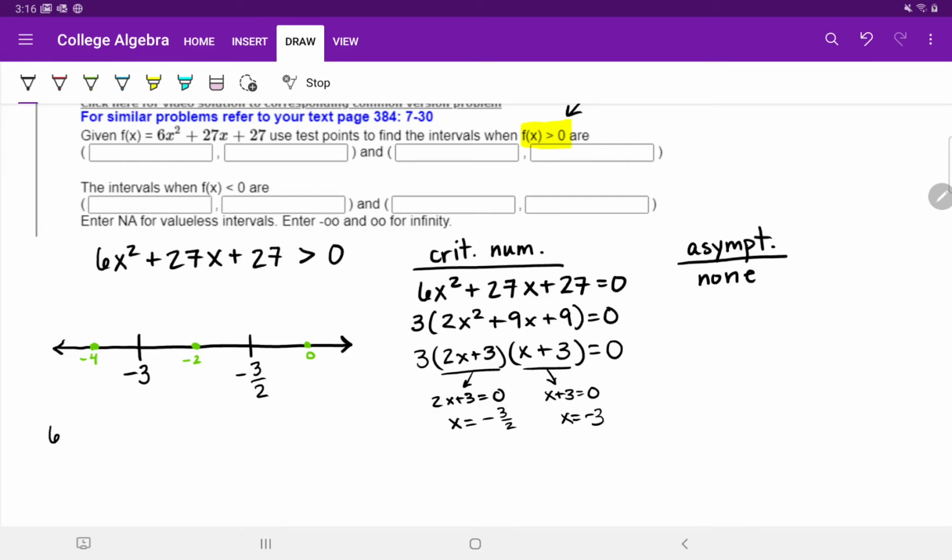We plug in 6 times negative 4 squared plus 27 times negative 4 plus 27. And we're testing to see if that's greater than 0, because that's what our question is asking us for.